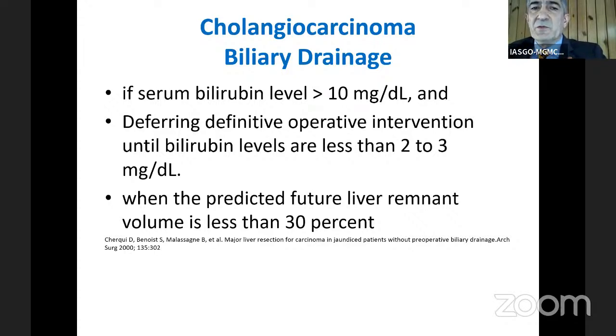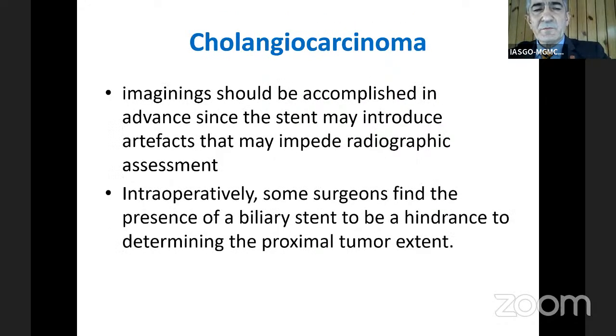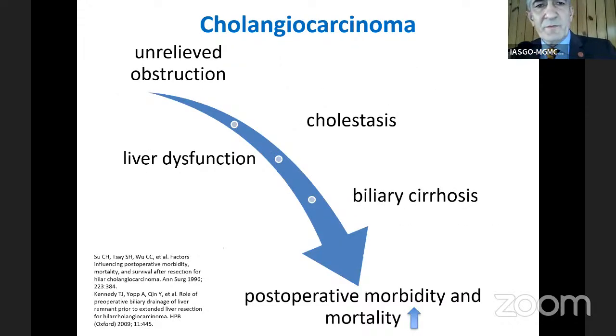We also do biliary drainage when the predicted future liver remnant volume is less than 30%. Imaging should be accomplished before doing such stenting because artifact can make it difficult to correctly diagnose the extent of the tumors.